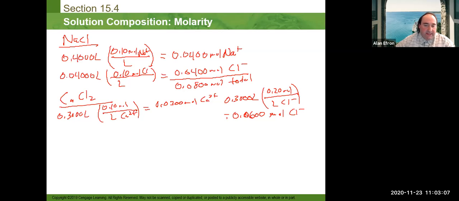And if we add those together, the grand total here for our calcium chloride solution is 0.09 moles total.